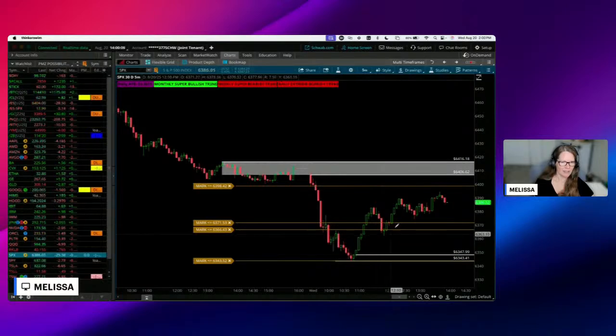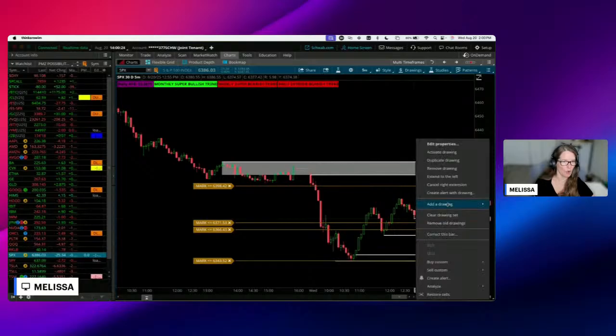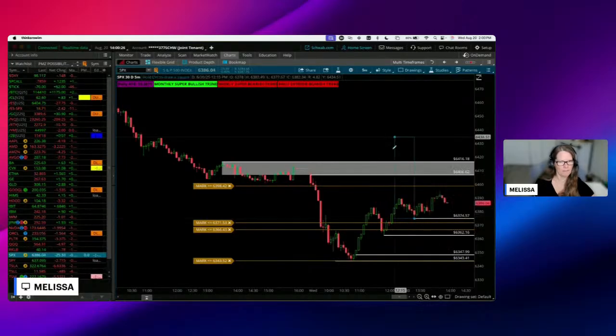I have a secondary floor right in here. I got a bottoming wick and another bottoming wick and then nice candle structure, price pull back close right here. So this would be more of a scalp type of floor. I could play this for a scalp type trade back to that area of resistance from this morning.